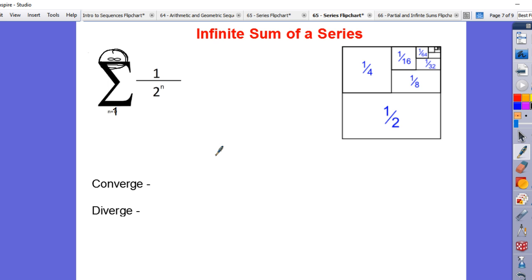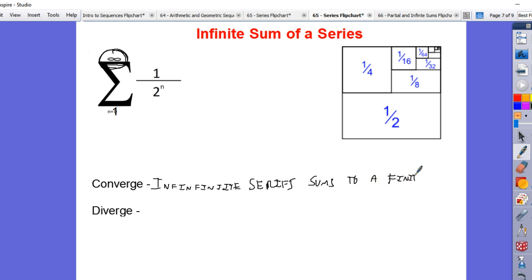So what does it mean to converge? Converge means that you have an infinite series that sums to a finite number.